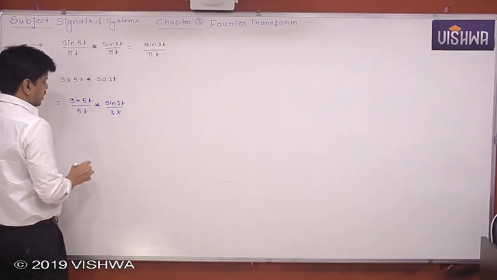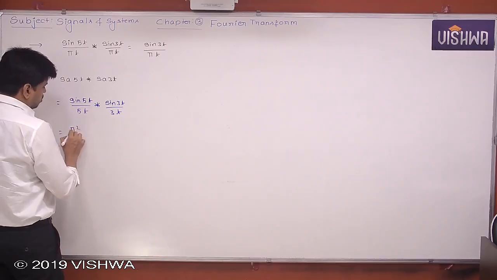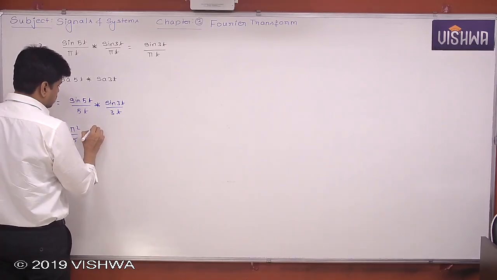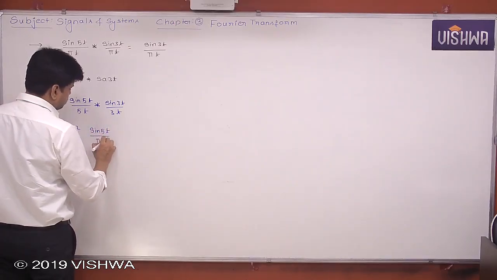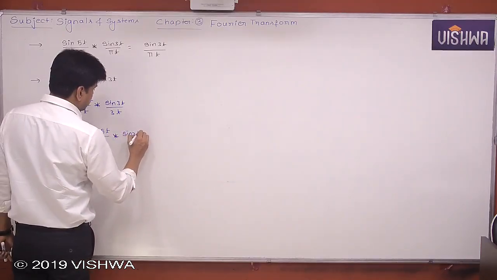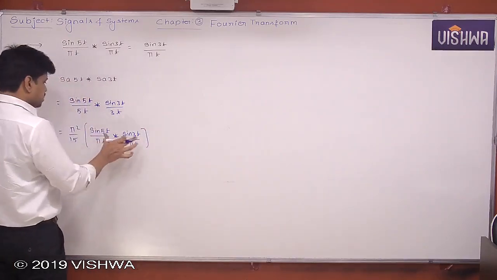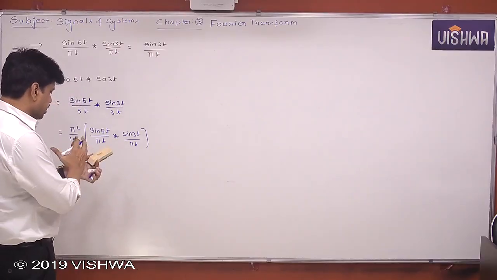Still it is not in the standard form. So if I multiply with pi square by 15, taking 5 out and 3 out, then sine 5t by pi t convolution with sine 3t by pi t. This is in the standard form. So for this one, we know the answer is sine 3t by pi t.